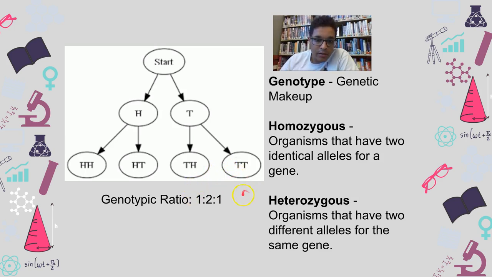For heterozygous, you're an organism that has 2 different alleles for the same gene. So if you flip the coin, get heads, and then flip again and get tails, that will make you heterozygous. Same for the tails and heads. And so for this genotypic ratio, it's a 1 to 2 to 1. So you have a 1 chance out of 4 of being 2 heads, and then you have a 2 chance of being a heads and a tails, and then another 1 chance out of 4 of being 2 tails.